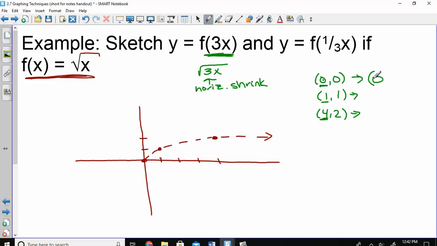Okay, so 0 divided by 3 is still 0. 1 divided by 3 is 1/3. 4 divided by 3 is 4/3.